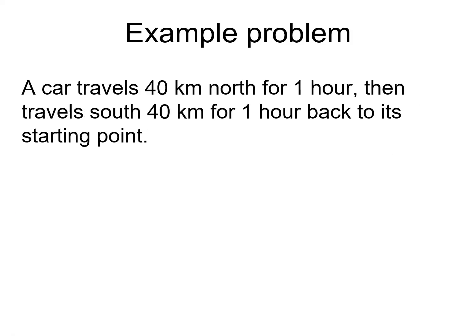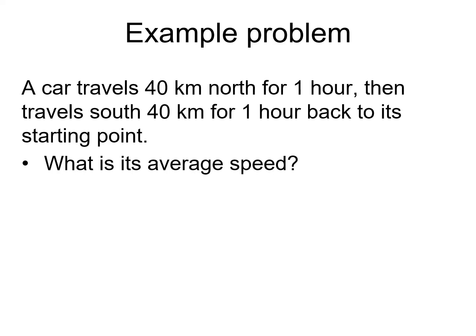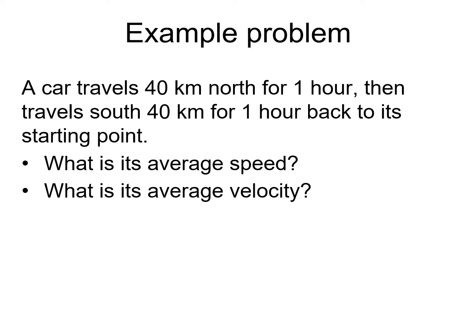So to see how that plays out, consider this scenario. A car travels 40 kilometers north for 1 hour, then travels south 40 kilometers for 1 hour back to its original starting point. What is the car's average speed? What is its average velocity? In the first case, speed equals distance over time.